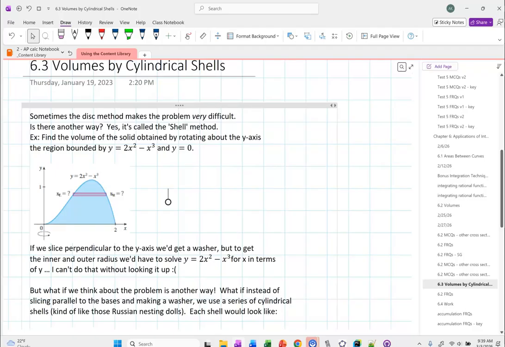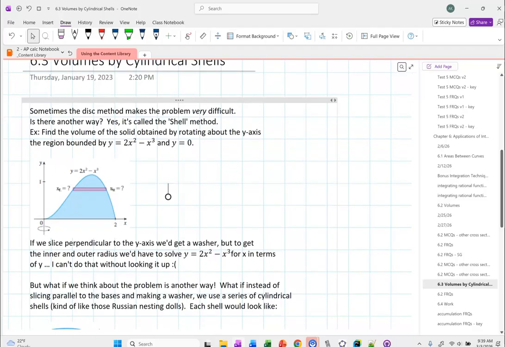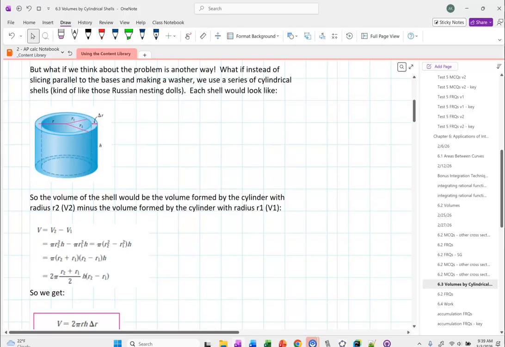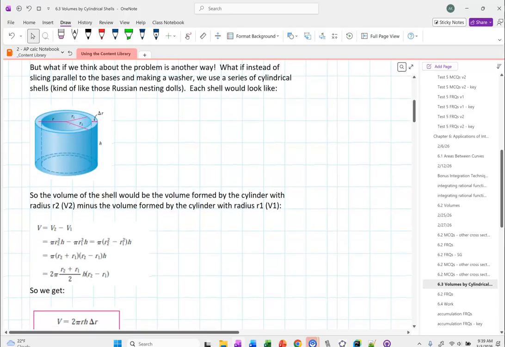I have some pictures here that help us envision this. This is the shell that we're going to be making every time. It's going to be a hollow cylinder where we have some inner and outer radius, but the difference between those inner and outer radius is just infinitesimally thin, right?